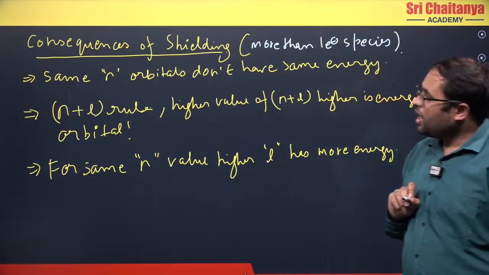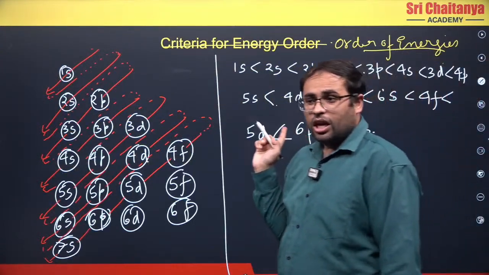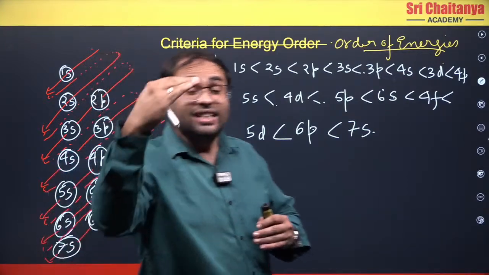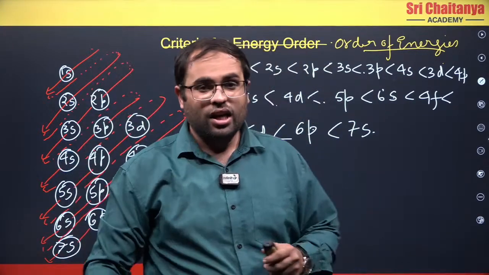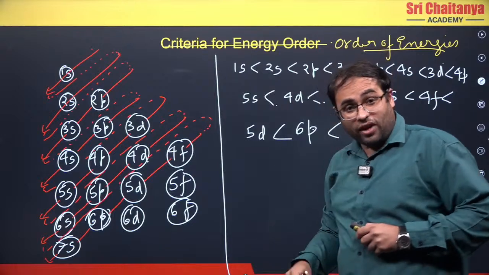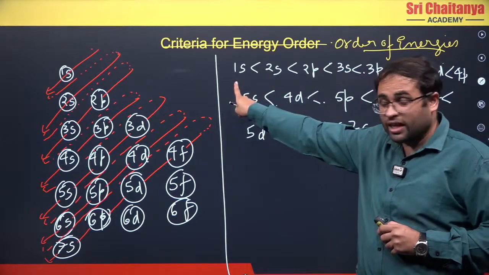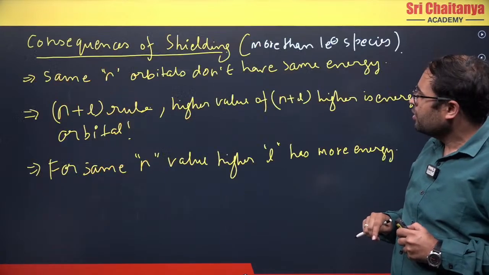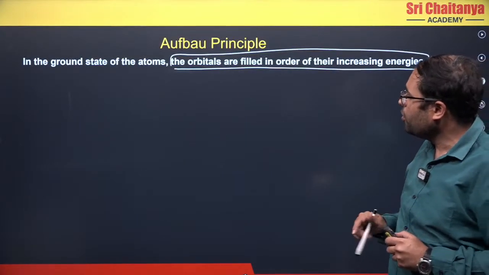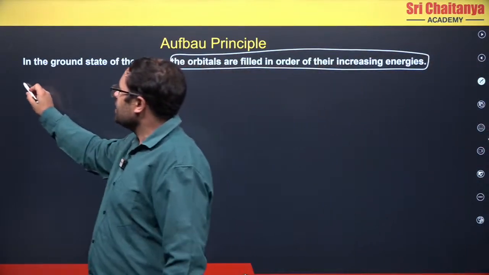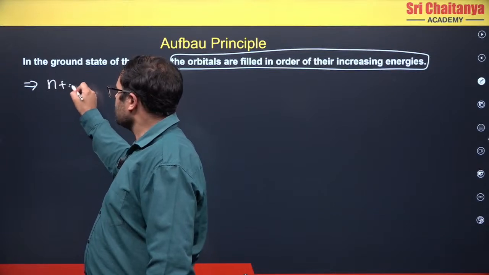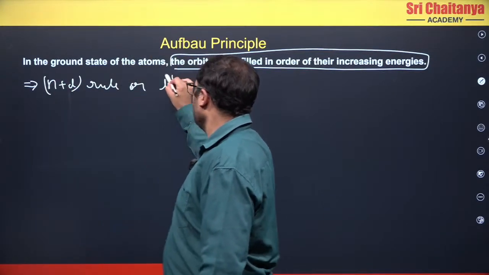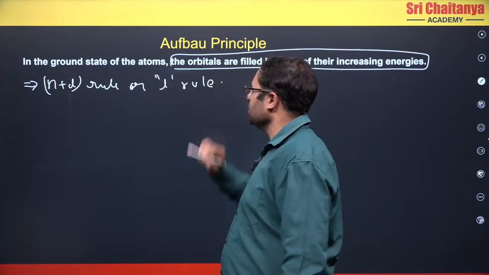The one with the lowest energy is filled first, then the next. That is what I mean by Aufbau's principle. You can decide this energy based on the n plus l rule. I have already discussed this.